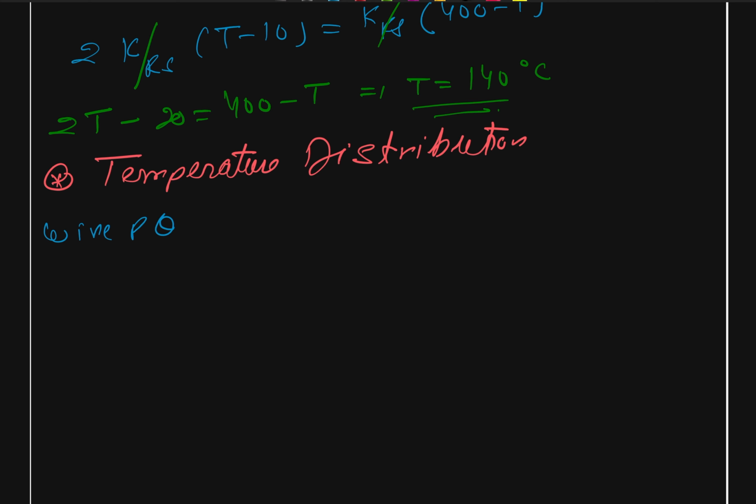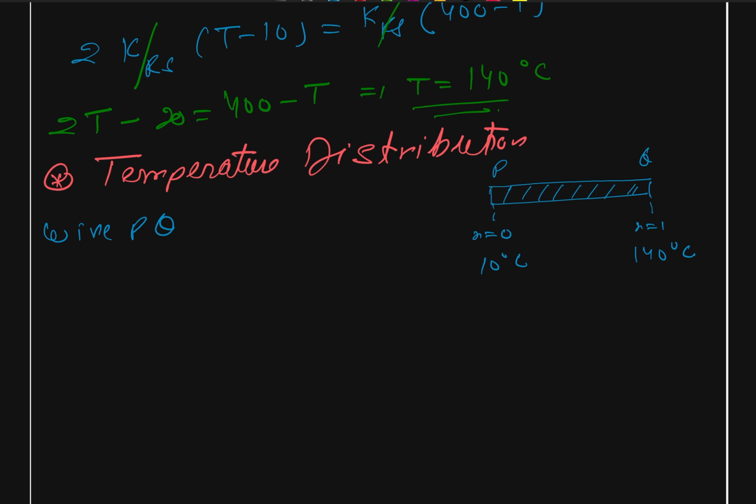We can just draw wire PQ individually. So this is P and Q, and we assume that this is X equal to 0 and this is X equal to 1. P is at 10 degrees centigrade and Q is at 140 degrees centigrade.